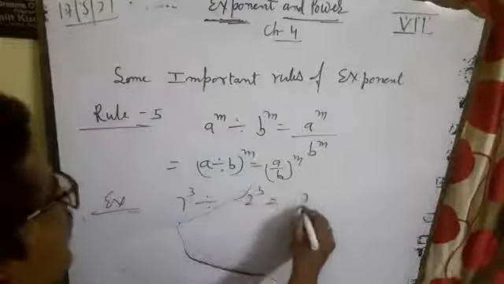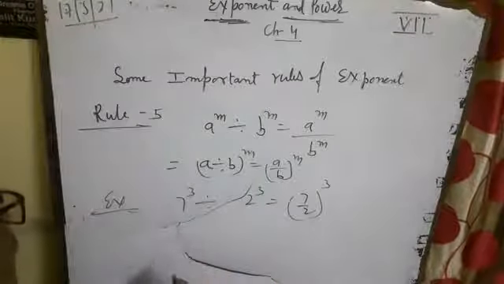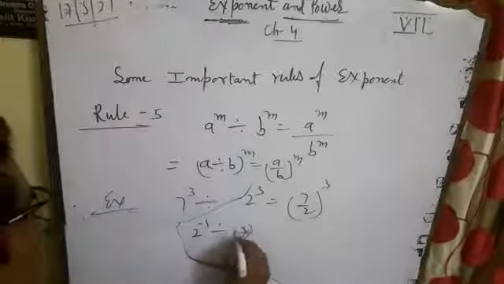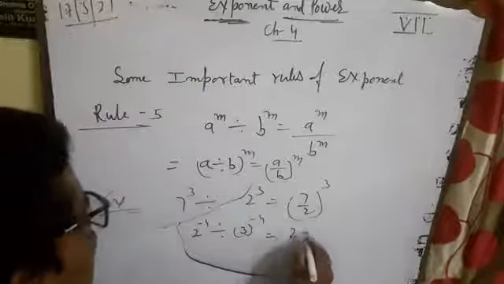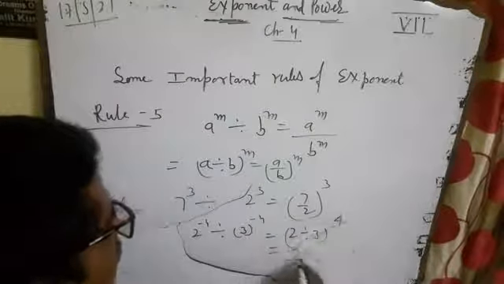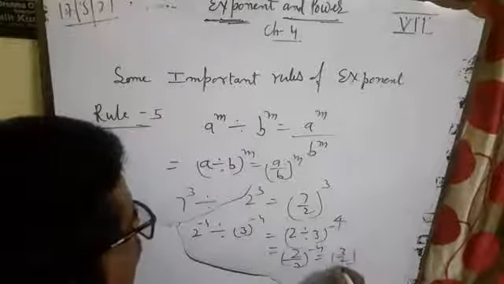It means 7 upon 2 to the power of 3. One more example, 2 to the power minus 4 divided by 3 to the power minus 4. So 2 divided by 3 to the power of minus 4, which means 3 by 2 to the power of 4.